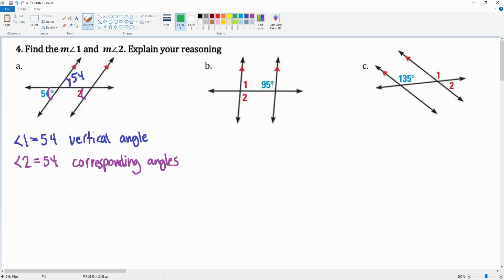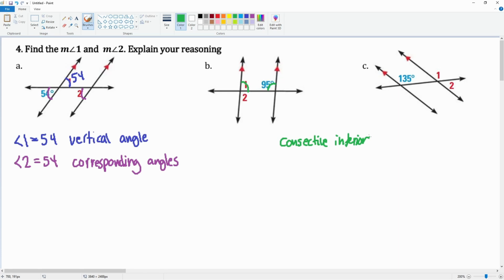Next, we have 95 here. And then this is going to be your consecutive interior. So we can say consecutive interior angles are supplementary. That means they add up to 180. So to find it, you have to do 180 minus that angle of 95.